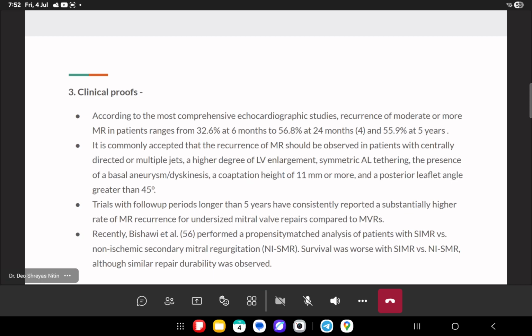Trials with follow-up periods longer than 5 years have consistently reported a substantially higher rate of mitral regurgitation recurrence for undersized mitral valve repairs compared to mitral valve replacement.